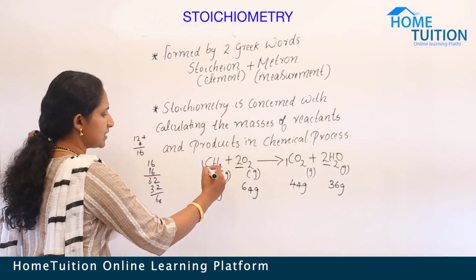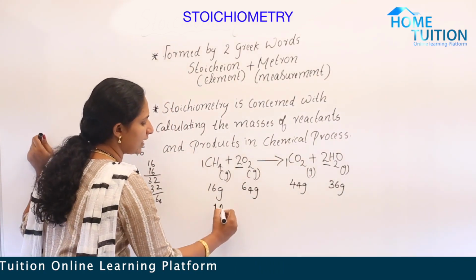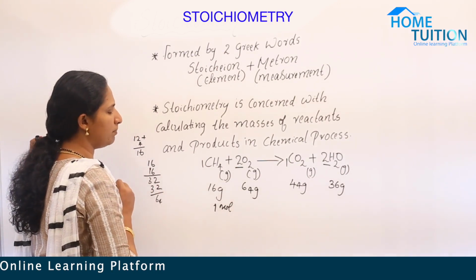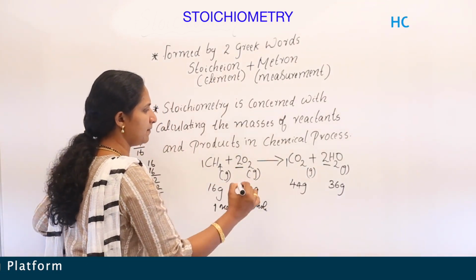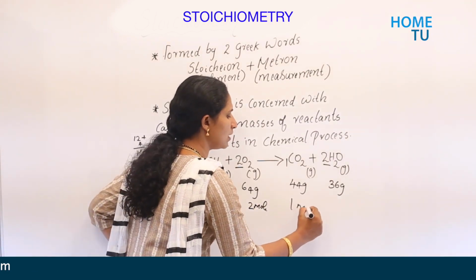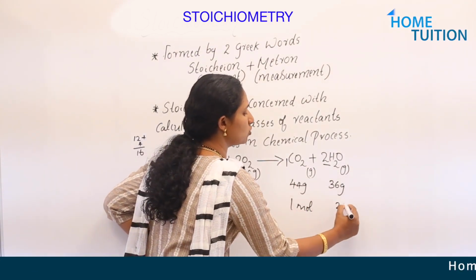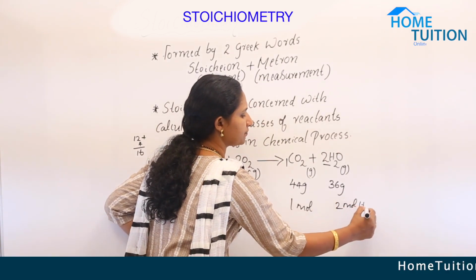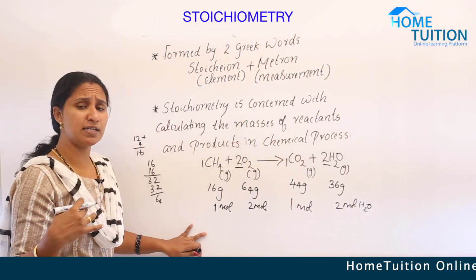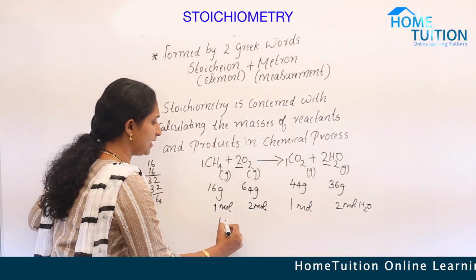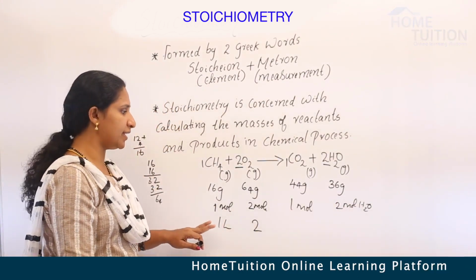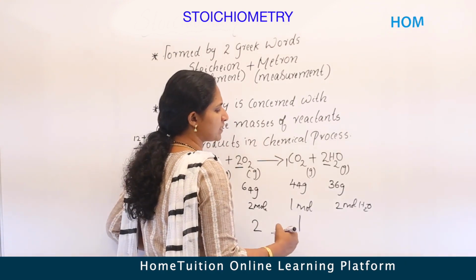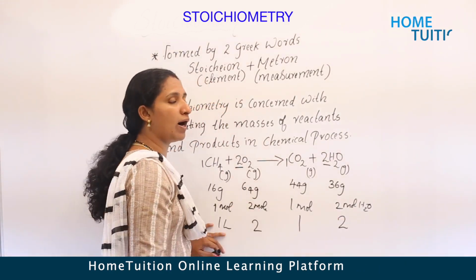Or we can say like this, in the case of moles, 1 mole methane combined with 2 mole oxygen, we get 1 mole carbon dioxide plus 2 mole water. Or if we consider liters, if we take 1 liter methane, it combines with 2 liters of oxygen, we get 1 liter carbon dioxide and 2 liter water.